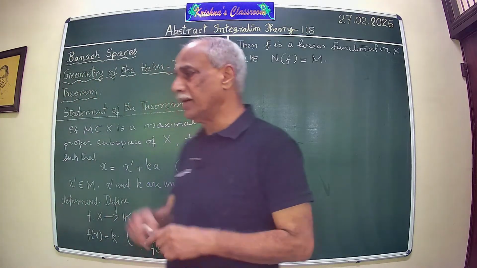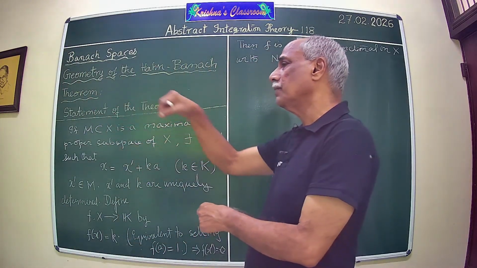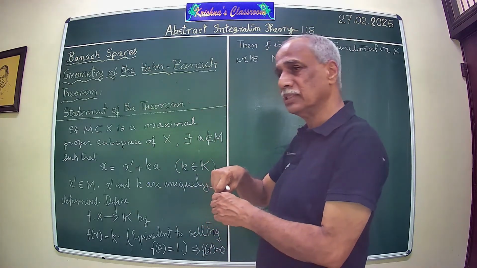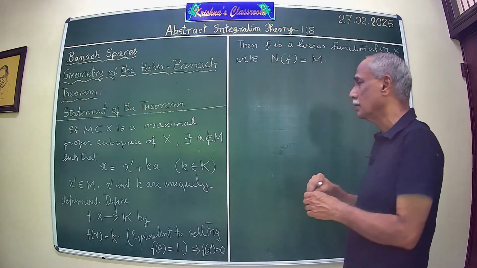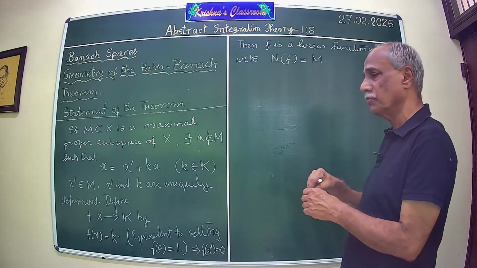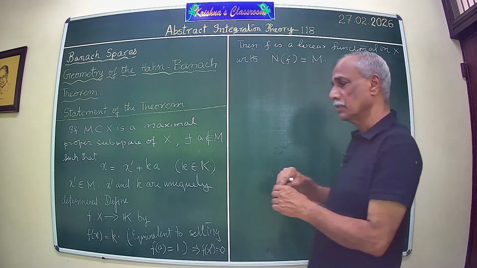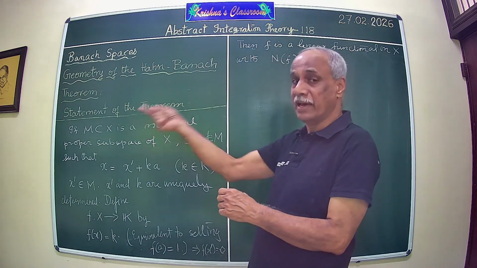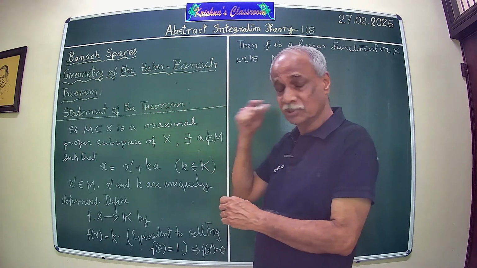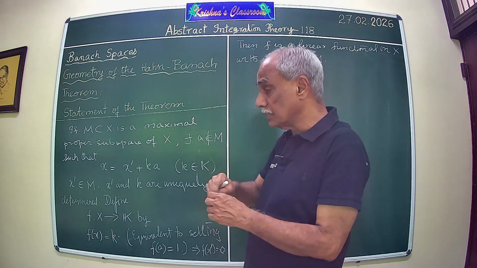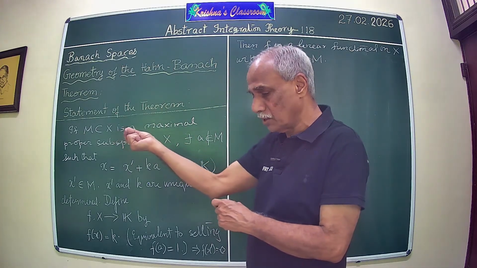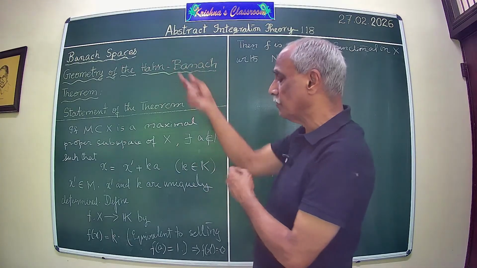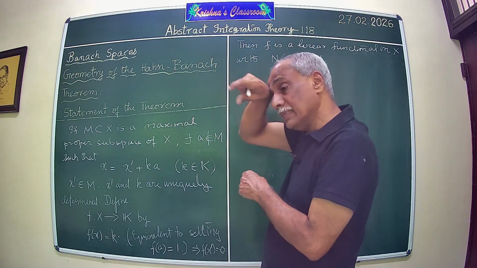Given f, it uniquely fixes an M. Given an M, which is a maximal proper subspace of X, it fixes a linear functional f, but not uniquely, because every other linear functional with this property is a scalar multiple.